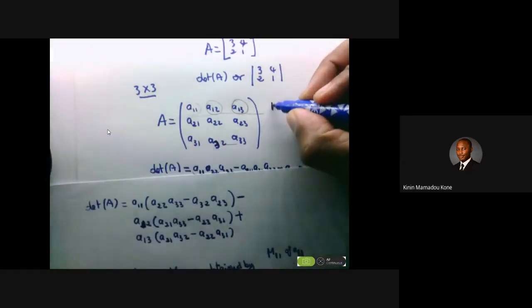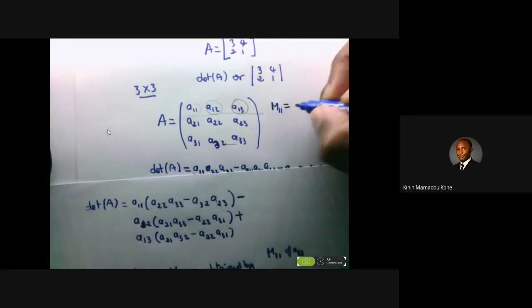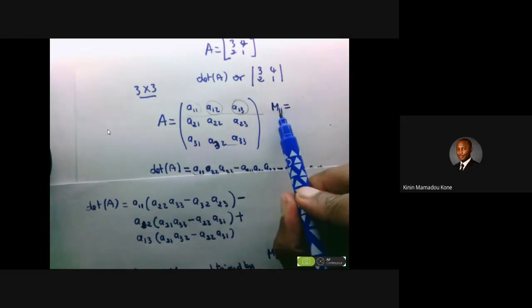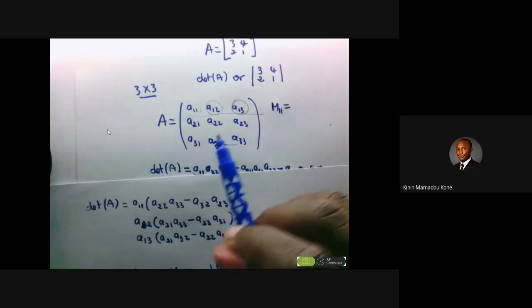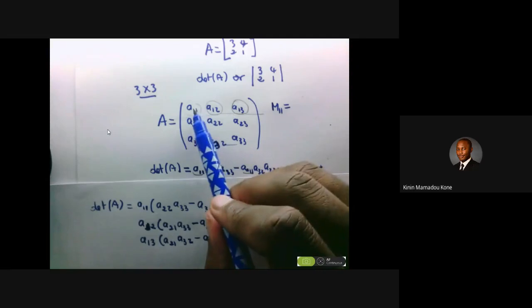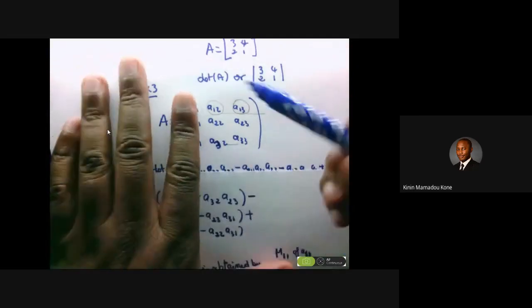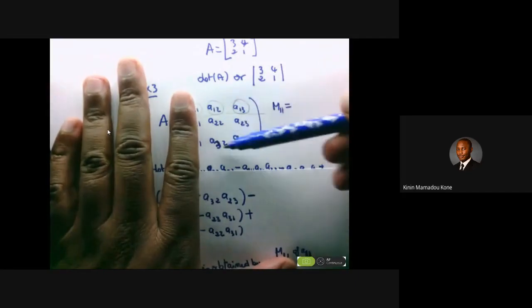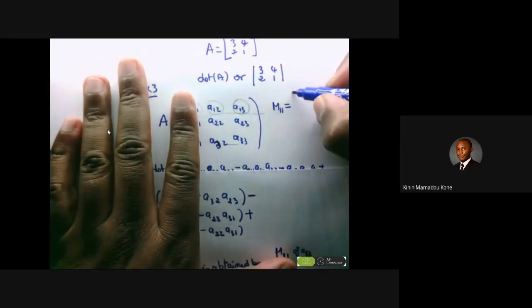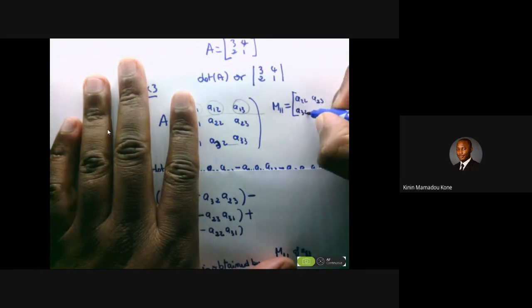So the matrix M11 is given by eliminating the first row and the first column, the entry located at the 1 1 position, and taking the matrix inside: A22, A23, A32, and A33.